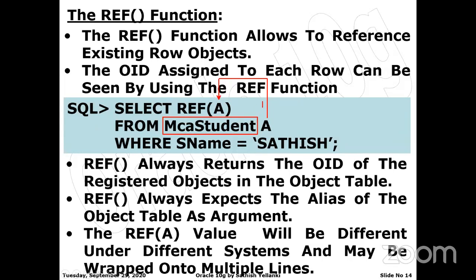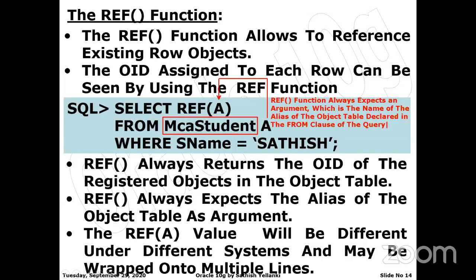So just to make ourselves very clear, the ref function always expects an argument, which is the name of the alias of the object table declared in the from clause of the query.